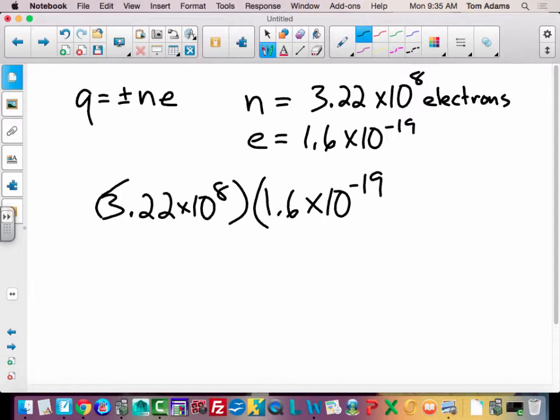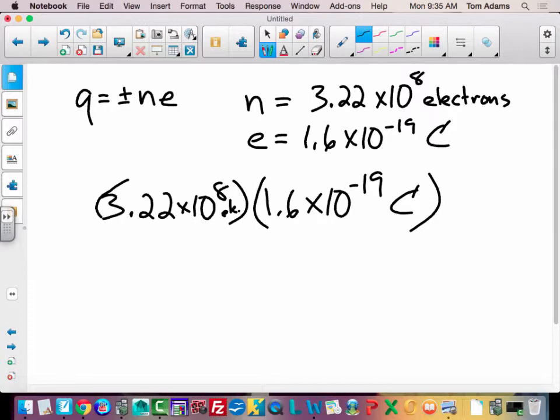I want to be careful about this. This represents the charge, so this is in coulombs, so I'm going to write that in. And this is really electrons, so I'm going to write electrons.